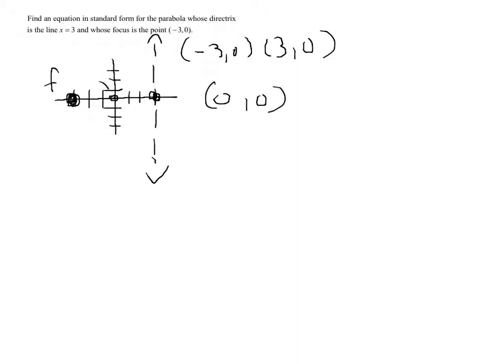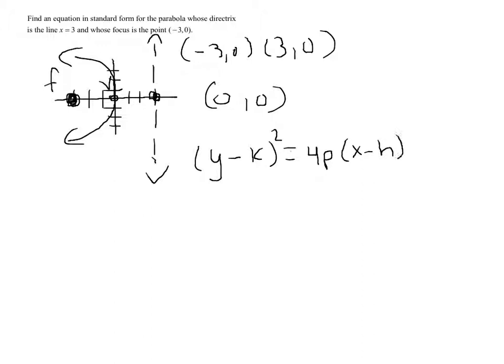So that is my vertex. And it's going to open left. So the equation, well, when it opens left or right, it's in this form. We know h is 0 and k is 0 because it's the coordinates of the vertex.